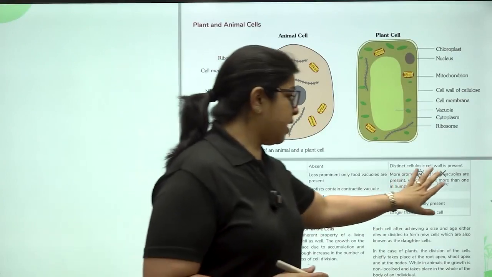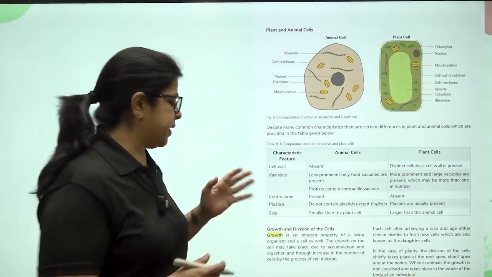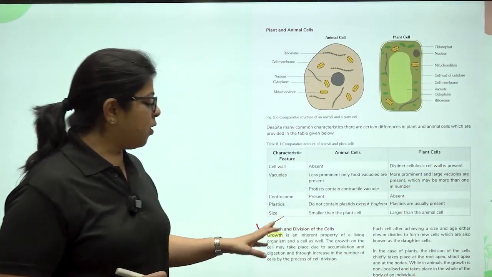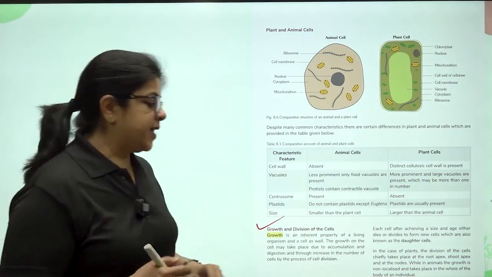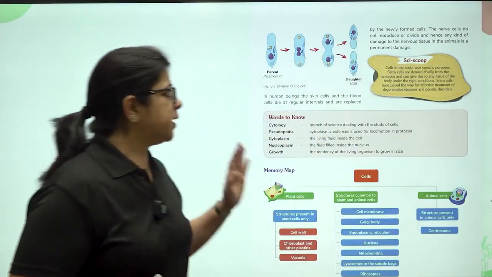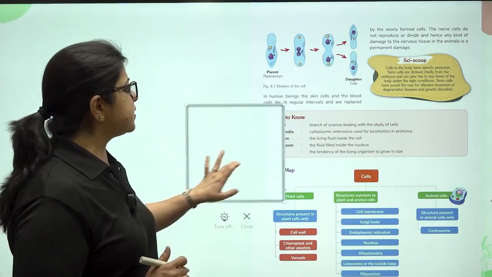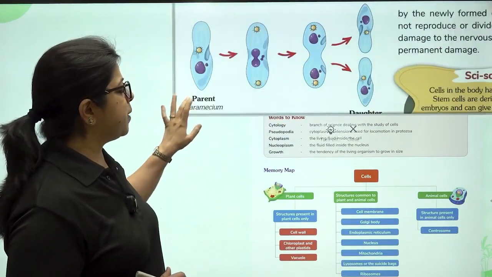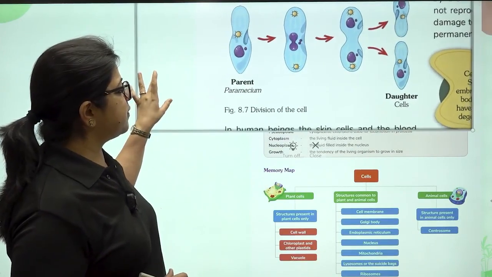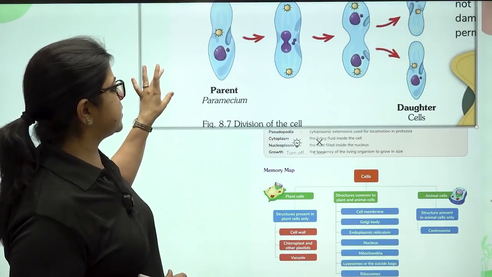So, children, having understood the basic structure of the cell, now we need to know how growth and division of cells take place. So, essentially, according to the cell theory, all cells arise from the parent cell. So, here is a wonderful diagram that explains the same.